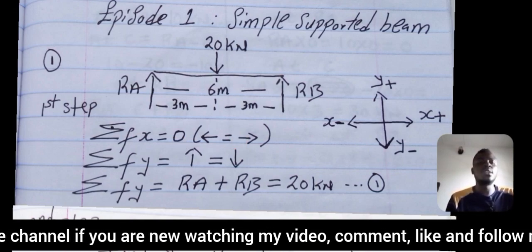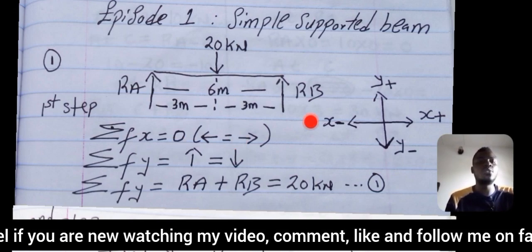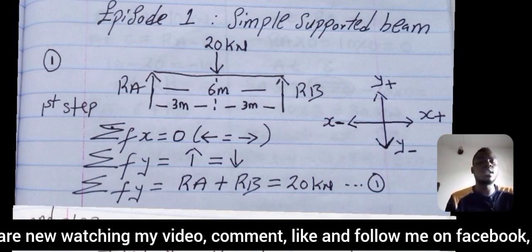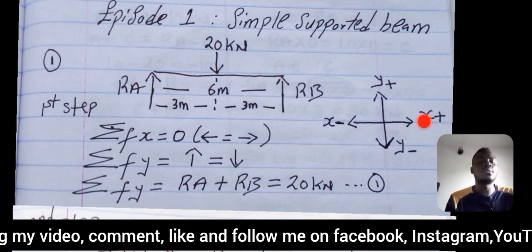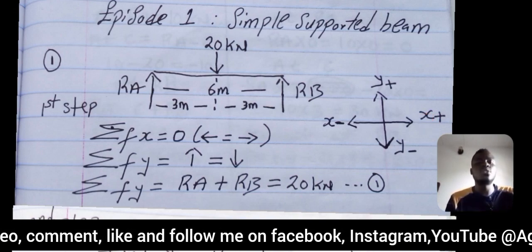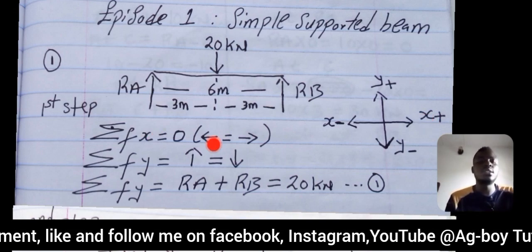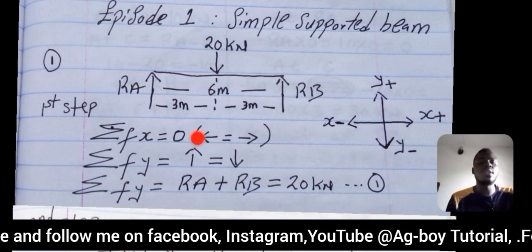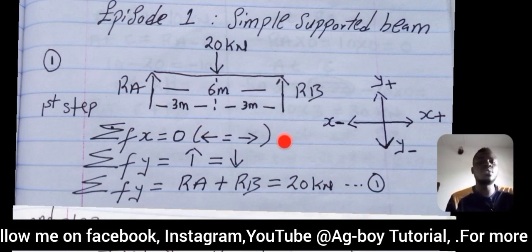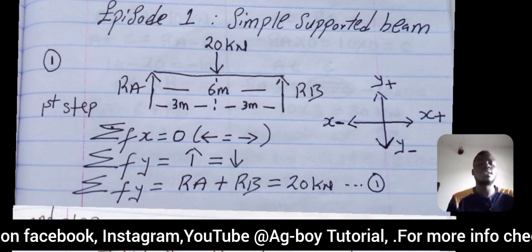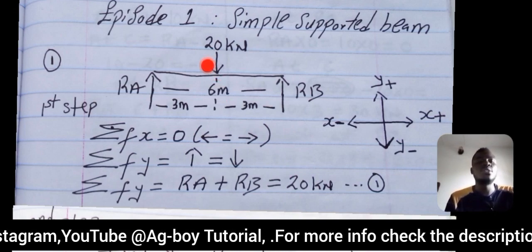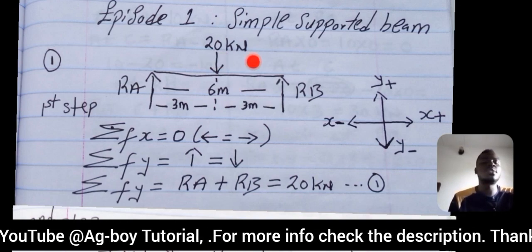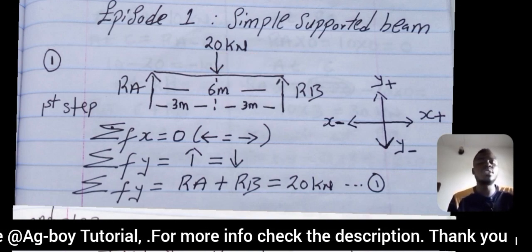Therefore, the force going to the left is equal to the force going to the right hand side. If you look at our diagram, you will notice that there is no force going in the x direction.